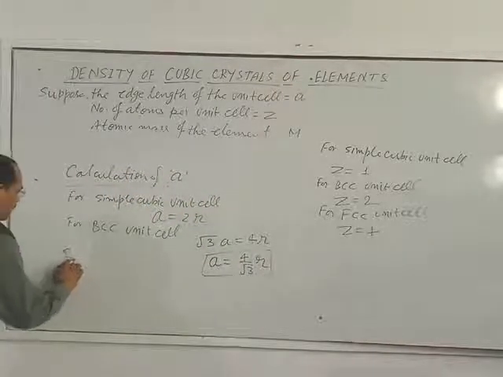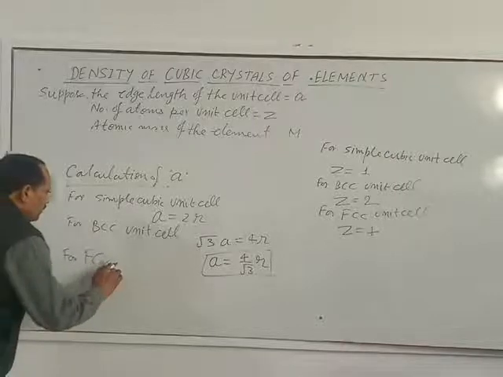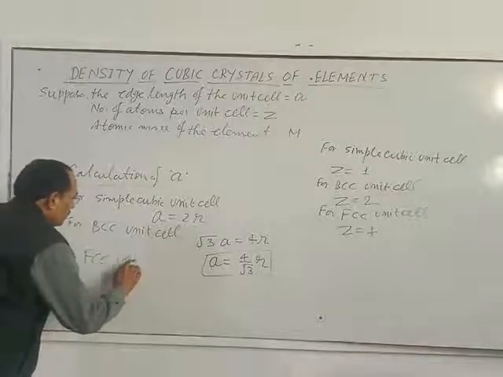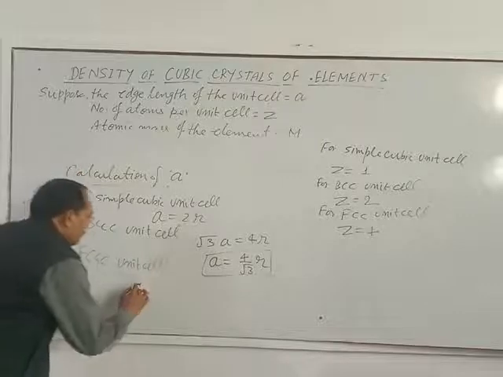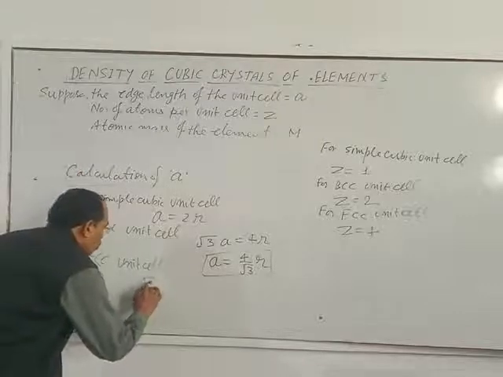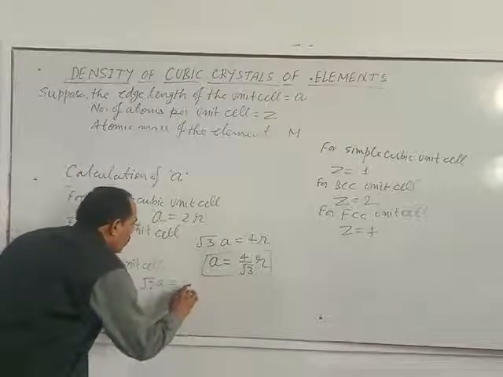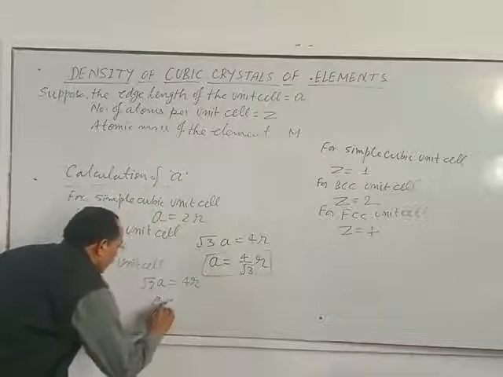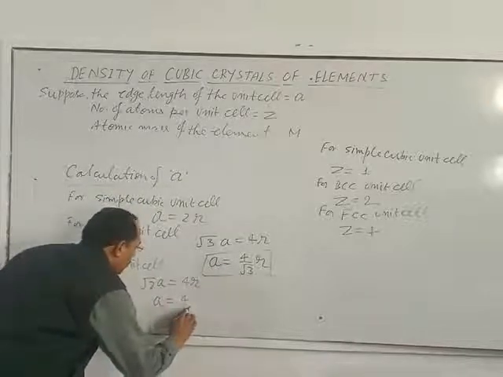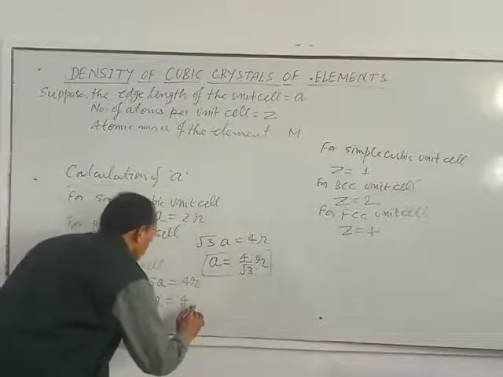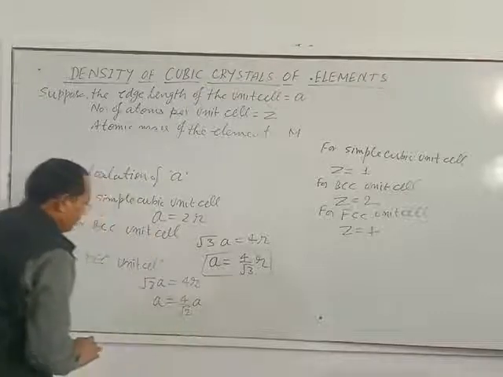For face centered cubic unit cell, root 2a equal to 4r. Therefore, a equal to 4 by root 2, sorry, r.